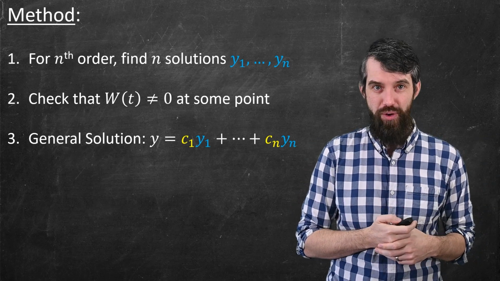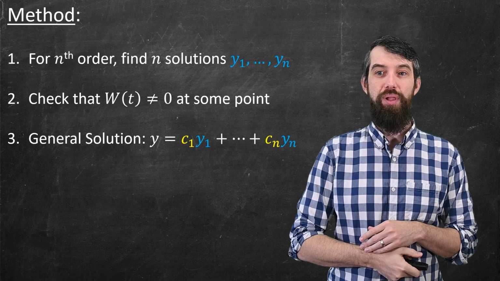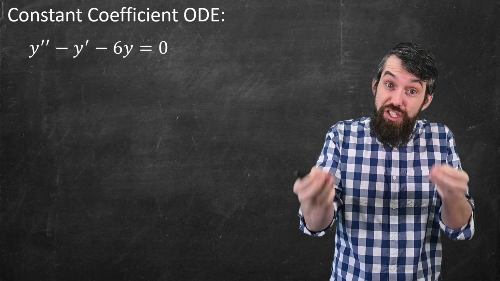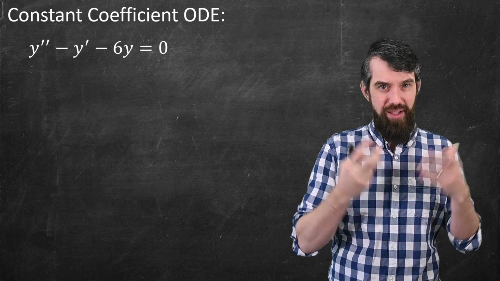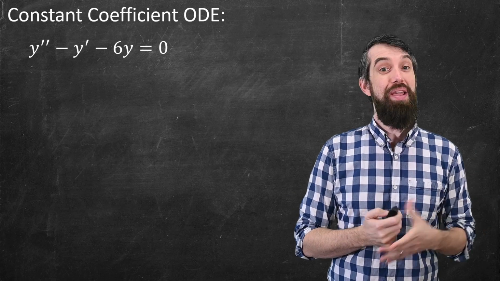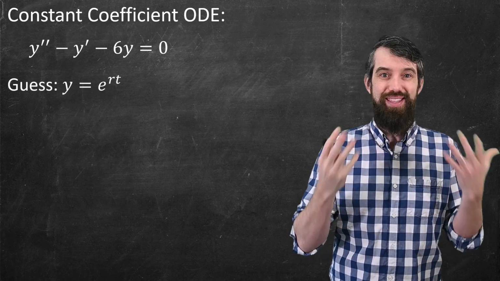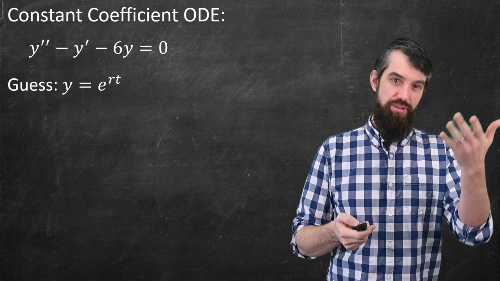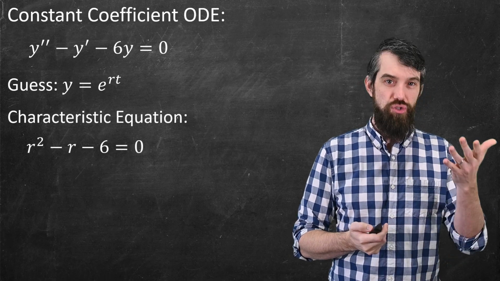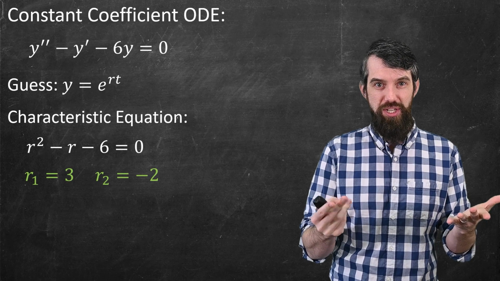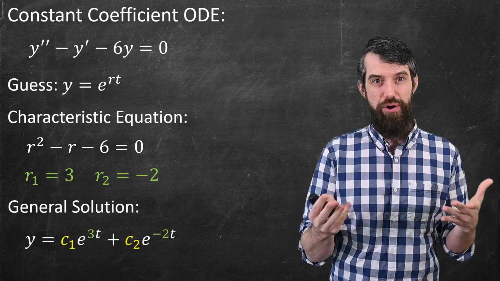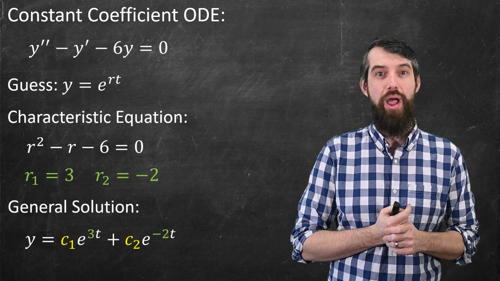Now, we've actually been using some of these ideas implicitly already in what we've done. So let's just go back and review and make sure we're doing the same thing. For example, in the case of constant coefficient ODEs, which is an example of a linear differential equation, we had this method of figuring out: guess y equal to e to the rt. You got a characteristic equation, you solved that equation, and you got two different roots, and finally, you plugged in and got your general solution. We've done this before, that's why I went quickly.